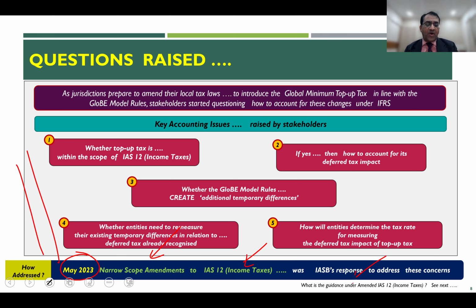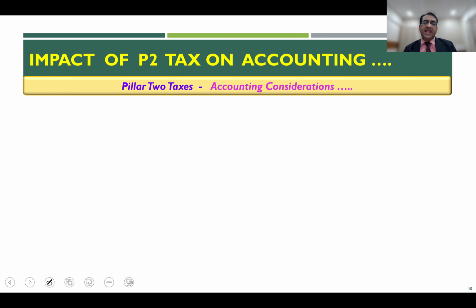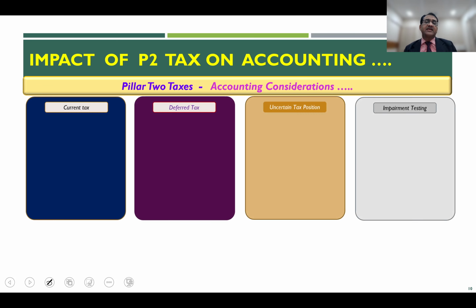Now let us see what guidance has been given in the amended IAS 12. Then we will look at how the accounting and disclosure impacts emanate from those amendments. So in May 2023, as I said, the amendment was made to IAS 12, and this gives answers in 4 different ways.